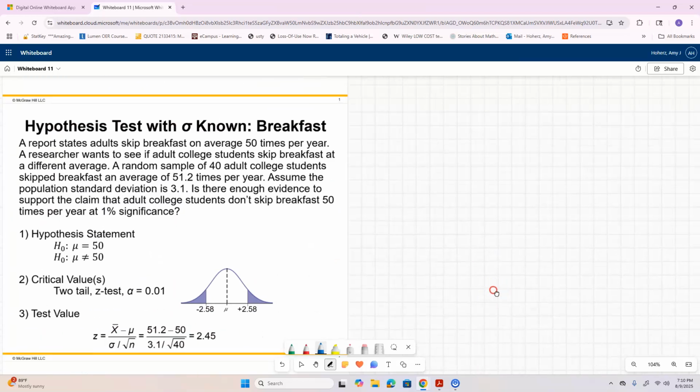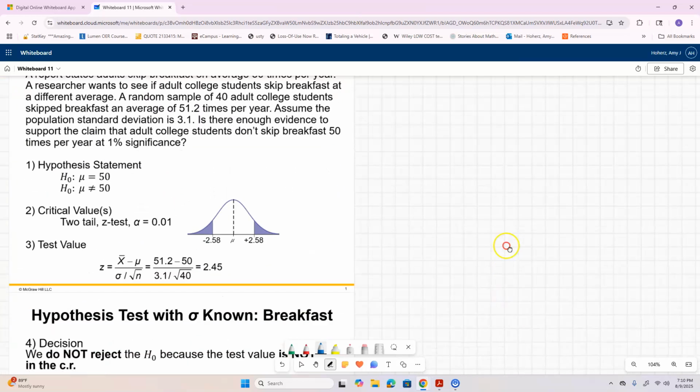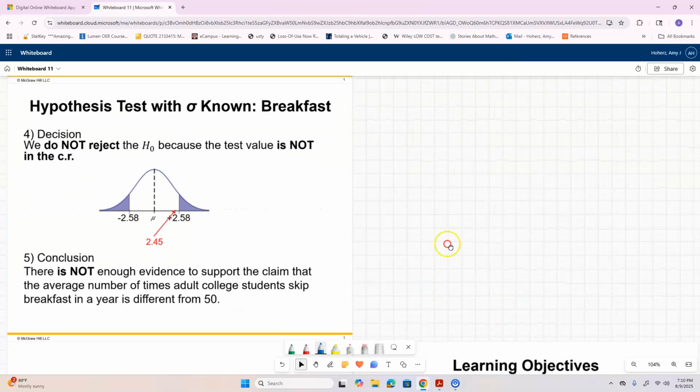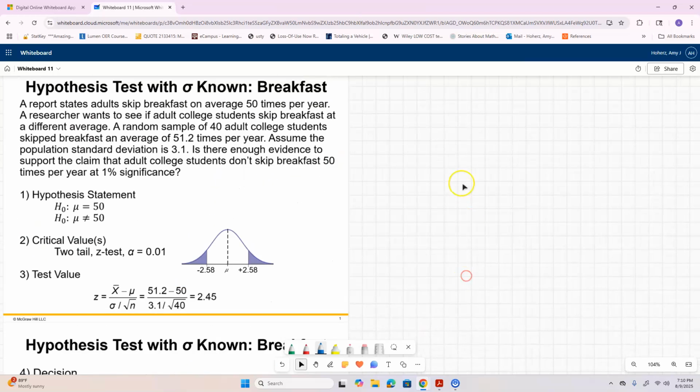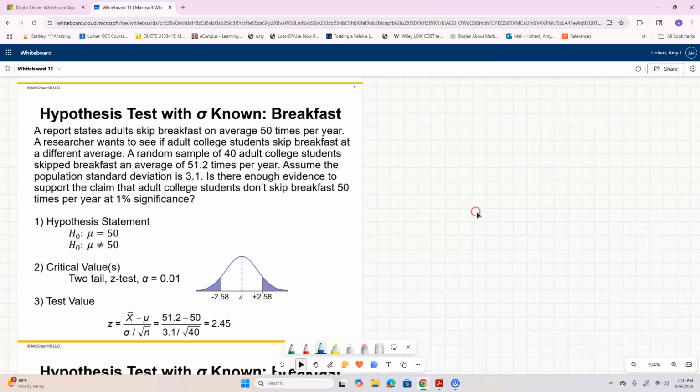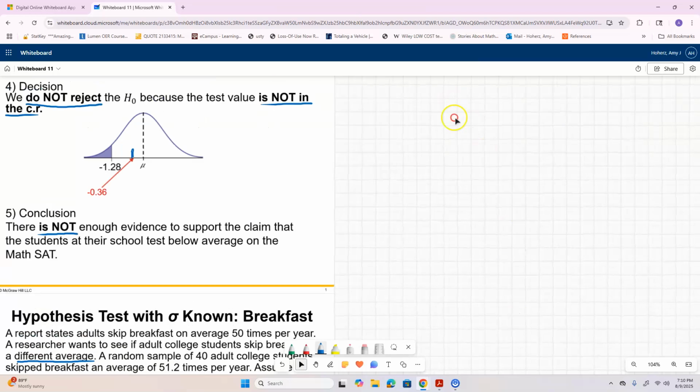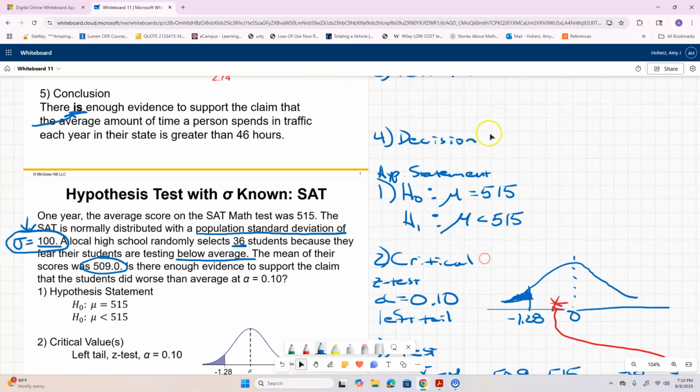Okay, so now on to, I think this is our last. Yes, this is our third and last example from this section. So a report states that adults skip breakfast an average 50 times per year. A researcher wants to see if adult college students skip breakfast at a different average. So here again, all three of these examples were subsets, where all of our other examples I think were treatments.